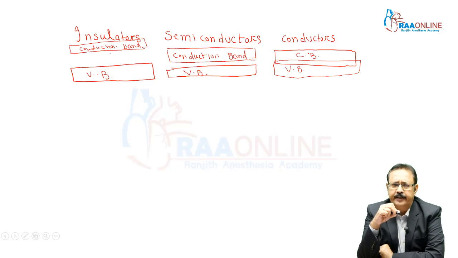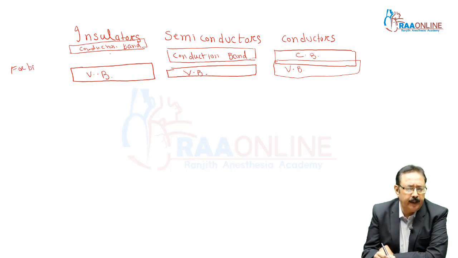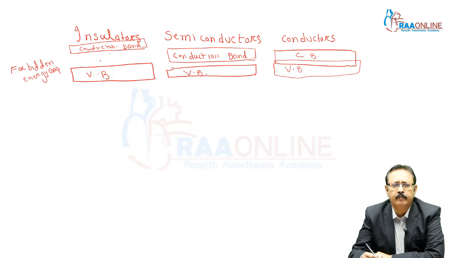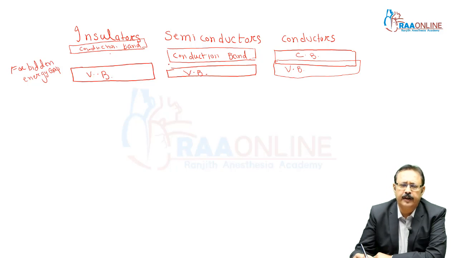The gap between conduction band and valency band is known as forbidden energy gap. In insulators it is more than 10 electron volt. In semiconductor it is of order 1 electron volt.